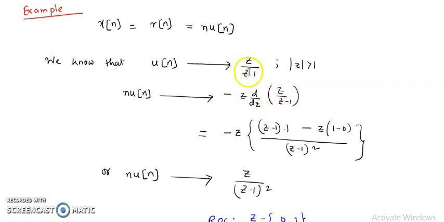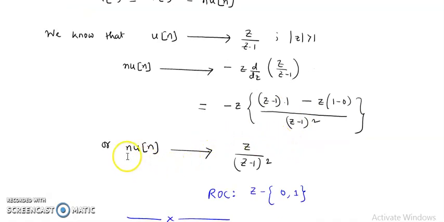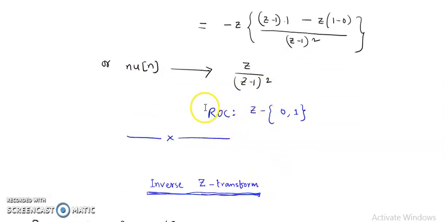So X(z) is this one, so you can put it here. d/dz of X(z) means differentiating this term using the u by v form, and you have to multiply by z. If you do the derivation here, you will get this. After solving, you can write that the Z transform of n into u[n] is equal to z by z minus 1 whole square.